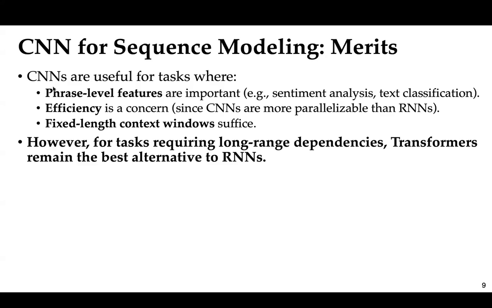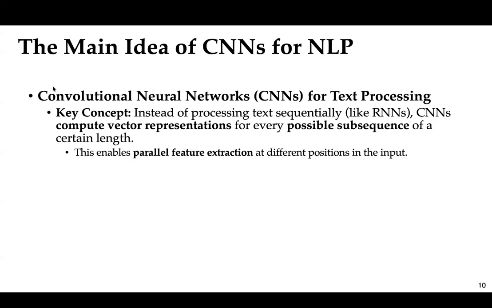Any questions? This is why it's good. It's great. It's nice. It's fancy. So the main idea of the CNN for text processing, the key concept: instead of processing text sequentially like an RNN, starting with the first utterance, then the second, to get the prediction, CNN computes a vector representation for the given sentence, as if it is the n-gram representation, right?